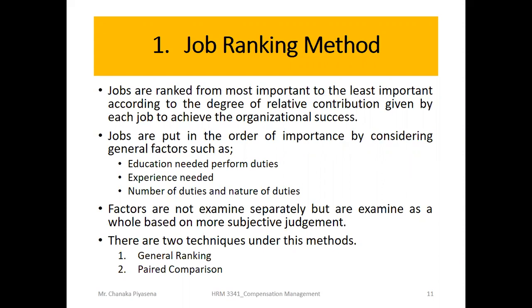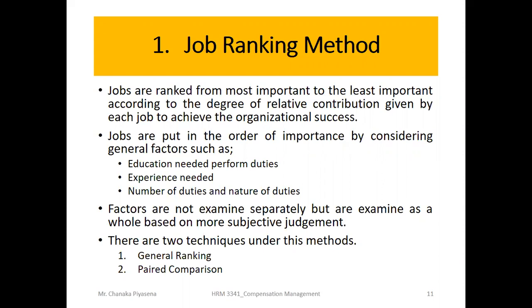Jobs are put in order of importance by considering general factors such as education needed to perform duties, experience needed, number of duties and the nature of duties. By considering these factors, some jobs need a high level of education to perform their duties.